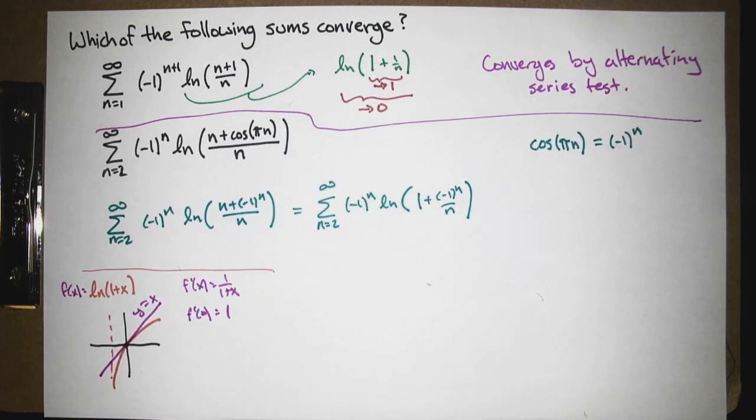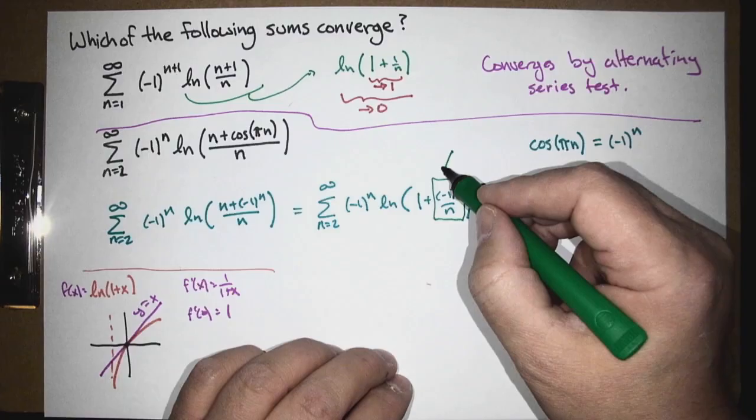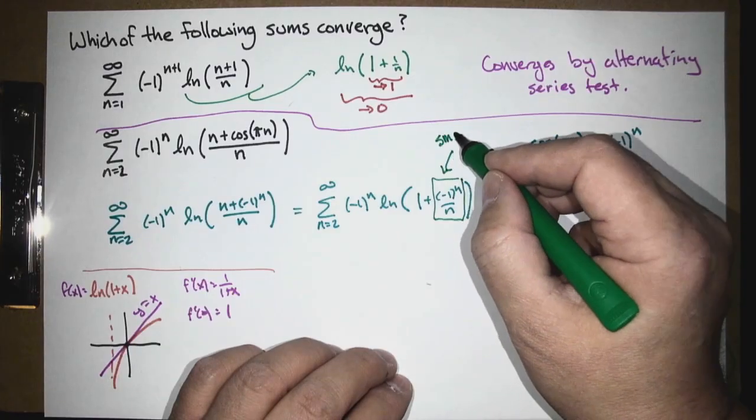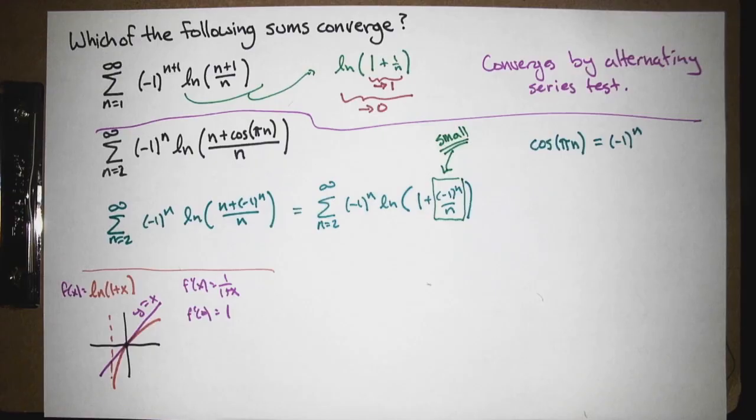Now at this point, you're like, okay, cool. How does this help us? Well, what's true about negative 1 to the n over n? Lots of things are true, but the real thing that's true is that this is going to be small. In other words, it's something near 0.